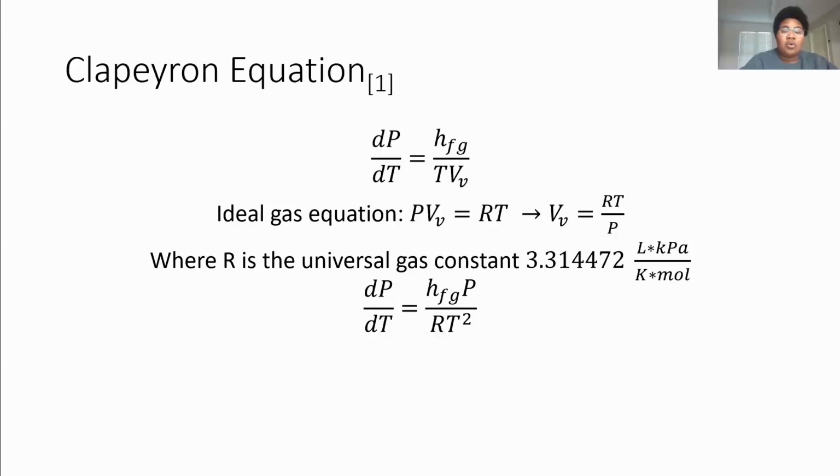So here's the equation from the last slide. We use the ideal gas equation, which is pressure times volume equals R times temperature, where R is the universal gas constant as seen below. And then we manipulate this equation to be volume equals R times temperature over pressure. And here we get our new equation.